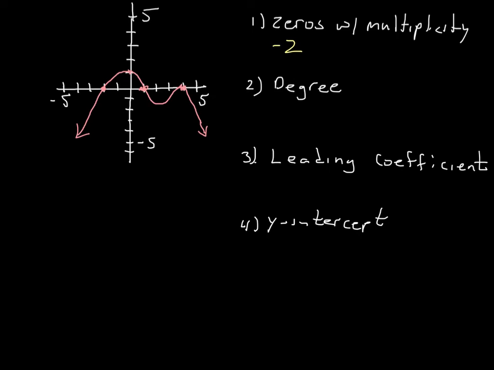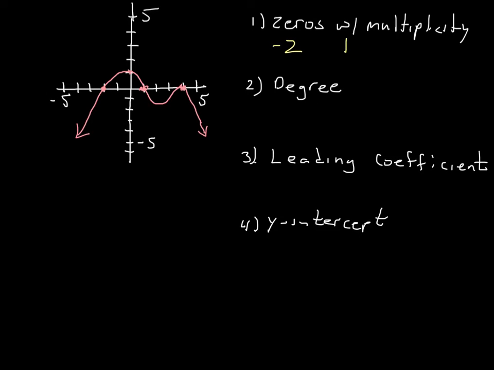Another zero I have is right here at positive 1. And again, it crosses, so at positive 1, it has a multiplicity of 1 as well. The next spot I have is right here, and in this case I know it touches. The graph touches at positive 4, and because it touches and then changes direction, I know it's going to have an even multiplicity.